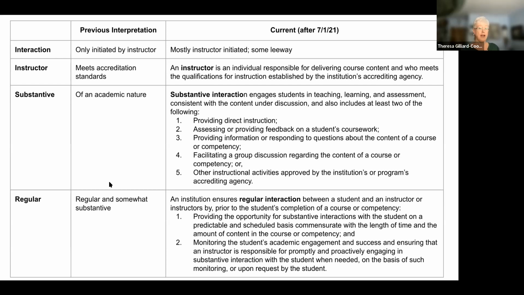Regular interaction used to be regular and somewhat substantive, and now it's been better defined what they mean by regular interaction. So you're providing these opportunities for students to interact. The way I would look at that is interaction student to student, student to instructor. And then monitoring the student's academic engagement and success, and ensuring an instructor is responsible for promptly and proactively engaging in substantive interaction with the student when needed, on the basis of such monitoring or by request of the student.